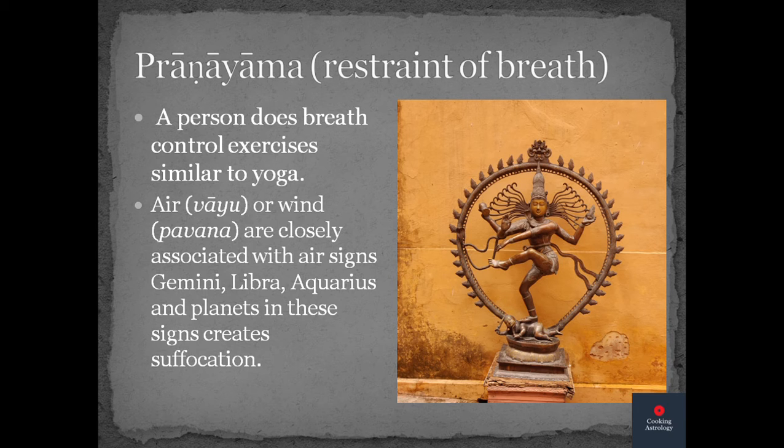Because that COVID or coronavirus was associated with China. After that, it spread all across the globe. And that spreading is possible only because of planet Rahu. Because Rahu controls the direction of the wind. In which direction the wind is going to flow, that is controlled by Rahu.